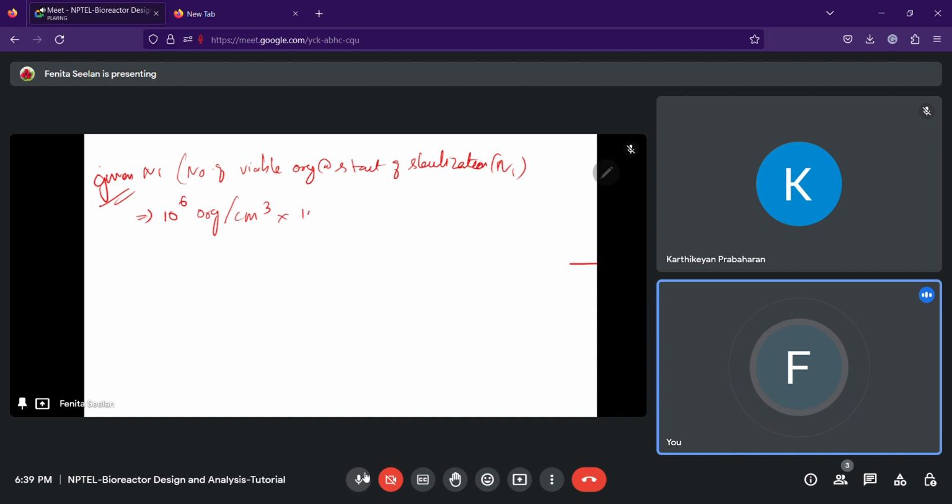So we can multiply it. You have to convert decimeter cube into centimeter cube or vice versa. So what is the conversion factor? 10 power of 3. So this gives 10 power of 6 times 10 power of 6, which is 10 power of 12 for the answer.